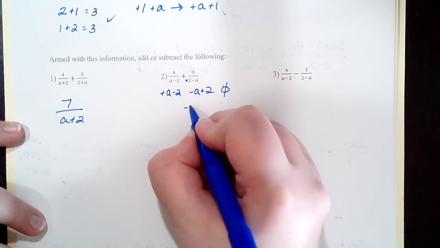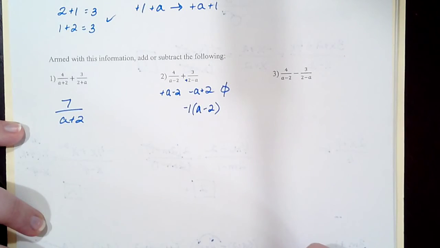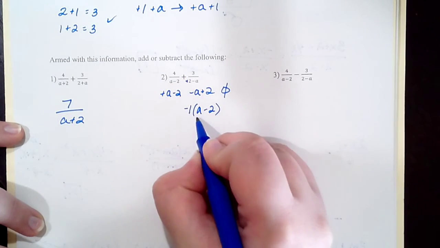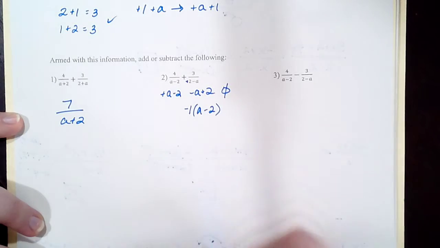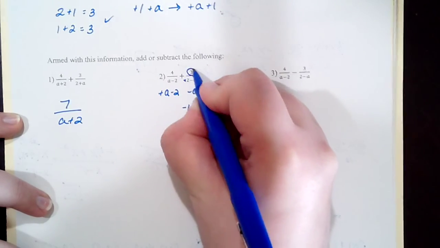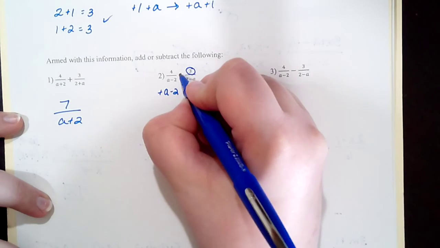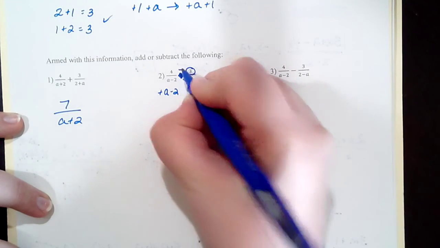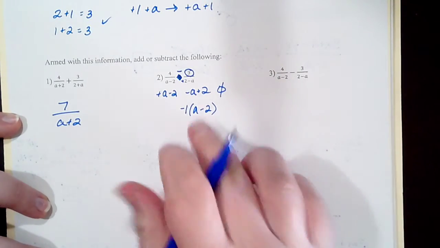If I factor a negative 1 out of my a and my 2, I can say that positive a minus 2 and positive a minus 2 are the same. The question is, what happens with this negative 1? Well, I can either give it to the top and make it a negative 3, or I can change the sign and make it a negative in the middle. So I know I did a ton in this little area.